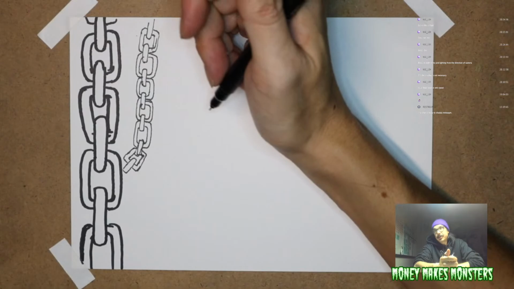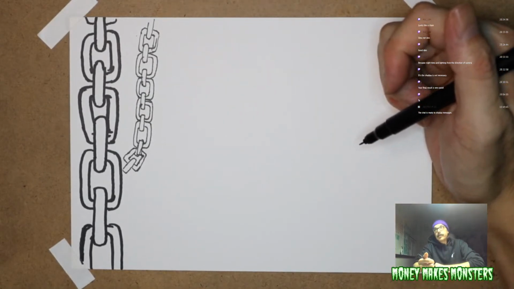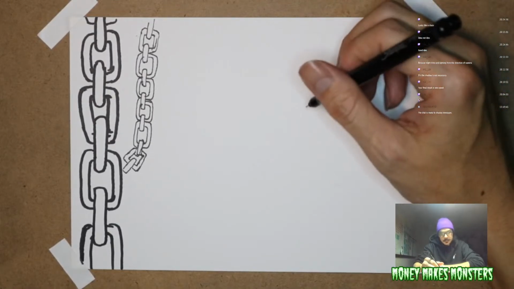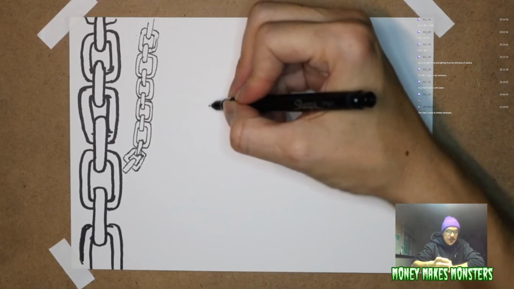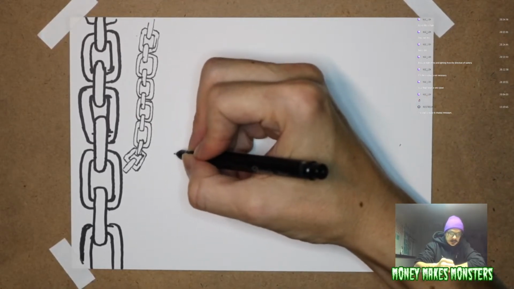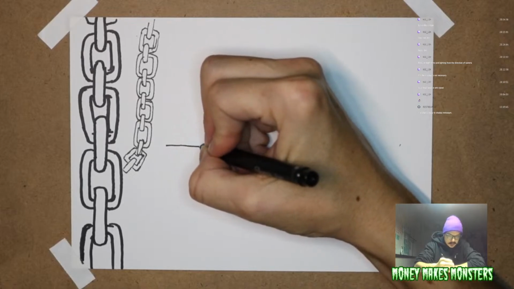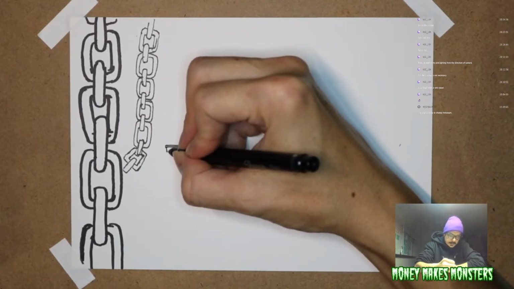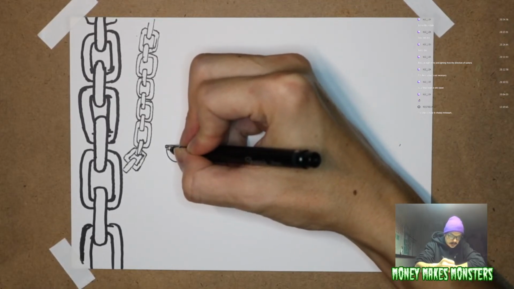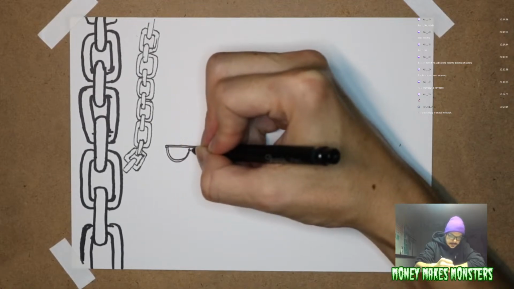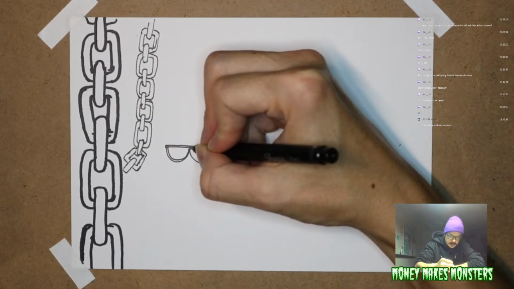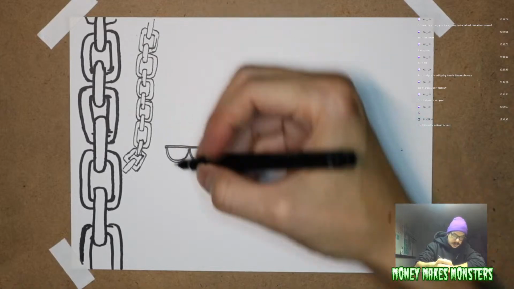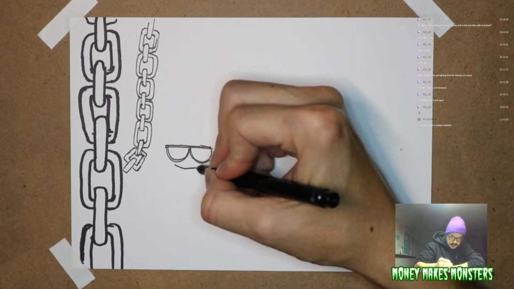Sorry, I'm talking myself into being very confident. So now what? Chains. Great. What do we got? Chains. Some sunglasses, maybe? A big old smile.